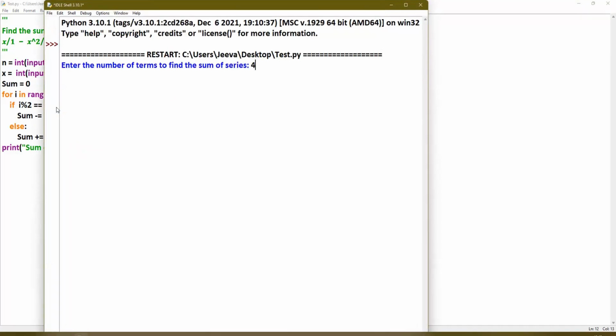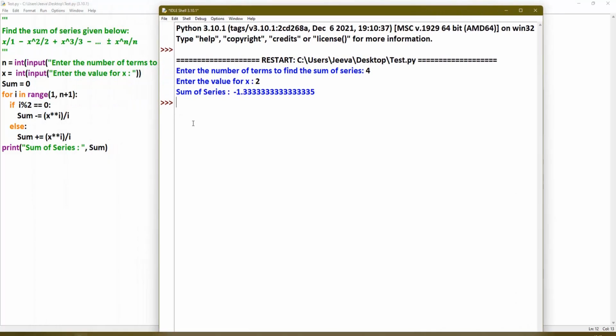I will give 4 terms and the value of x, again I will use only 2. I get minus 1.3333. Let us check manually. x is 2. 2 divided by 1 is 2, and then minus x square by 2, that is 4 by 2 will be 2.